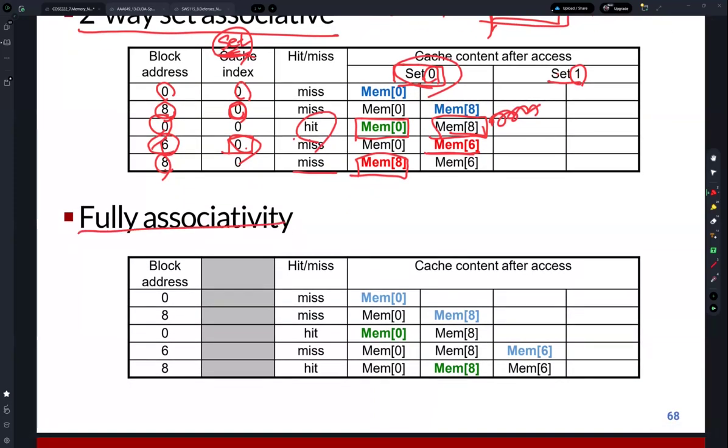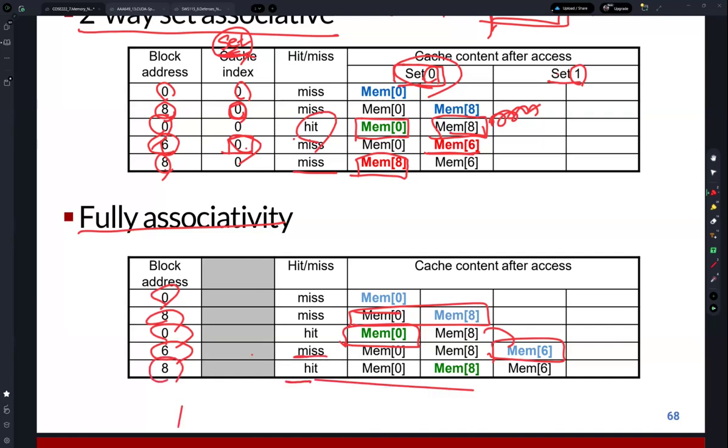In the fully associative cache, the set index is not determined by the address; you can think that there is no concept of set. A memory block can be allocated to any location of a cache. So 0 is a miss, 8 is a miss, but it's allocated separately, so 0 is a hit. 6 is newly allocated to an empty block.